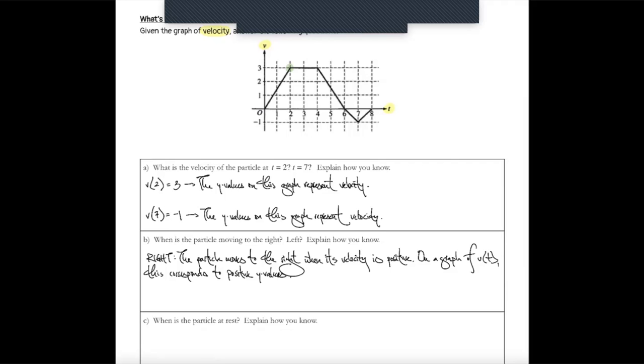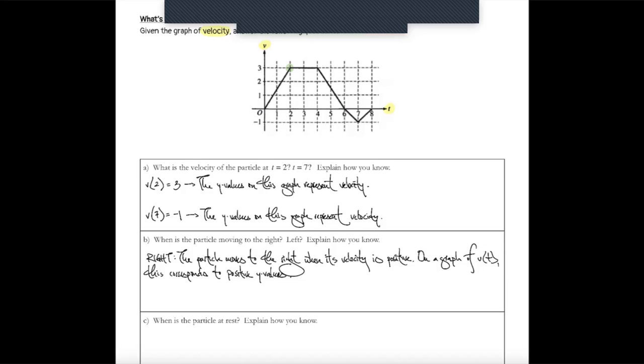So the particle moves to the right when its velocity is positive. On a graph of v of t, this corresponds to positive y values.